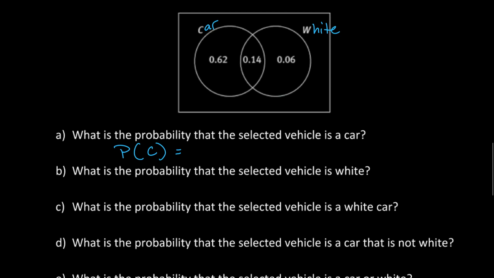All I'm doing is just combining these. So 0.62 plus 0.14 gives us 0.76, or 76%. Does this make sense to everybody?